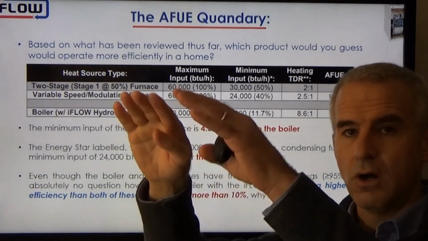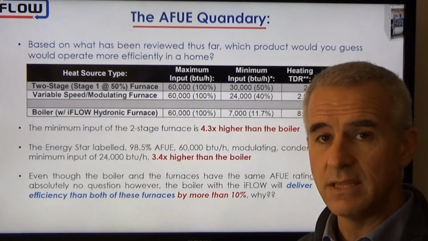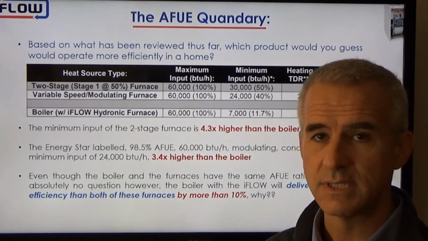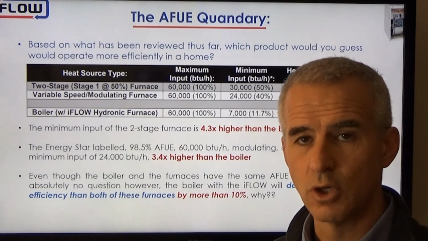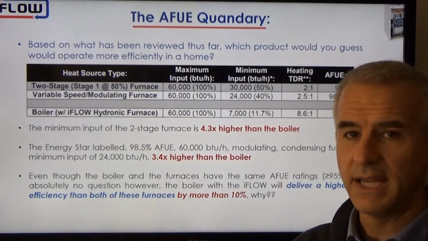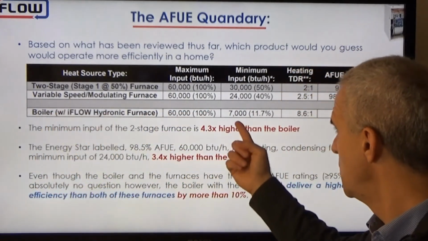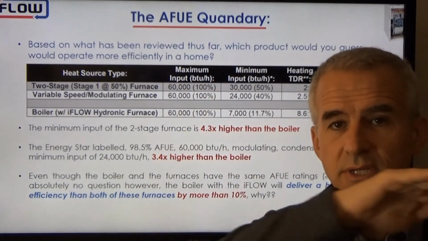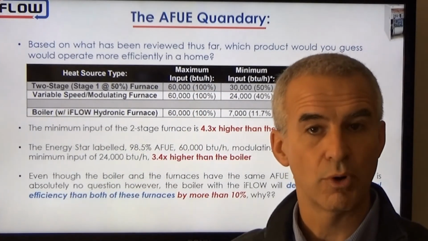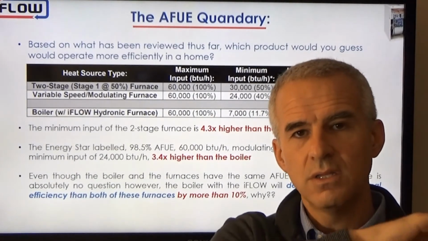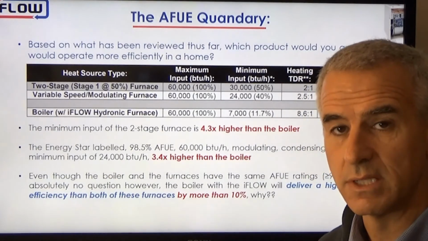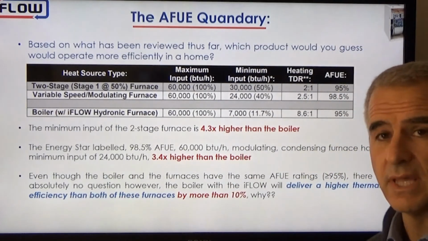In all the seasonal times where you don't need the maximum, or you don't need even 30,000 BTUs, as we looked at in that middle of October example, if I need 10,000 BTUs, because the minimum is 7,000, the boiler will just deliver at 10,000 BTUs. iFLOW is going to pick up that heat and deliver it into the house. No problem at all, no cycling, constant operation. Constant operation at that 10,000 BTUs, if that's what I need. Even right down to 7,000 BTUs.